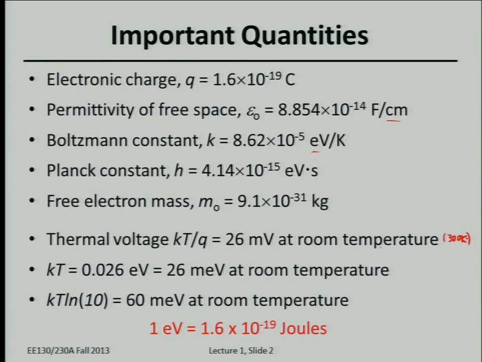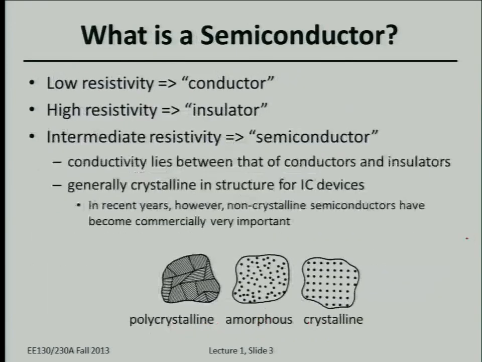So keep in mind, kT times the natural log of 10 is 60 millielectron volts at room temperature. So what is kT over q times the natural log of 10? 60 millivolts, that's right. Okay? All right, so I just want to make it handy so there's one slide that contains all the values of those important constants. Okay, so let's get started.